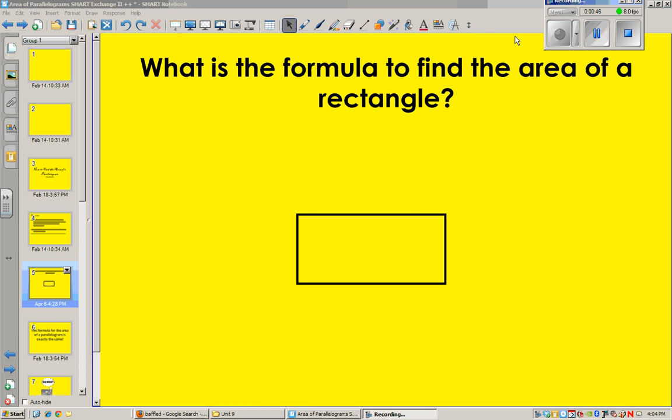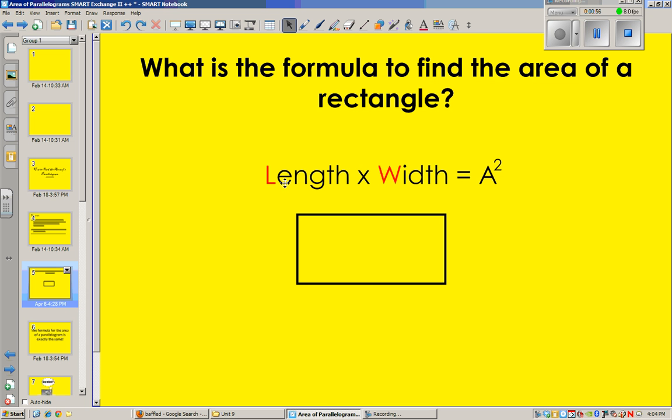But in order to talk about parallelograms and their area, we have to take a quick step back, and we need to talk about how to find the area of a rectangle. You find the area of the rectangle by either doing length times width, which equals area in units squared, or you can call it base times height, which also equals the area in units squared.